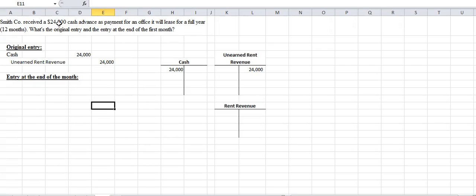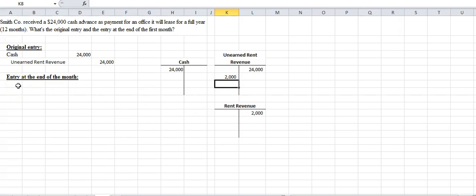So when 1 month goes by, at the end of the first month, you recognize $2,000 in rent revenue. Sorry, revenue has a balance on this side, right? $2,000 in rent revenue, and you reduce your liability. You no longer owe this customer $24,000. So you lower it by $2,000 every month, right?